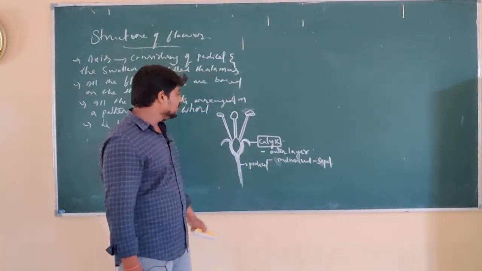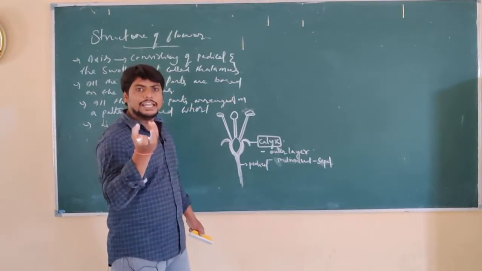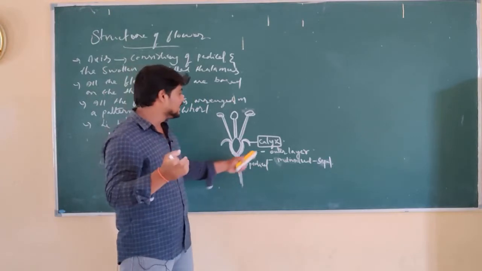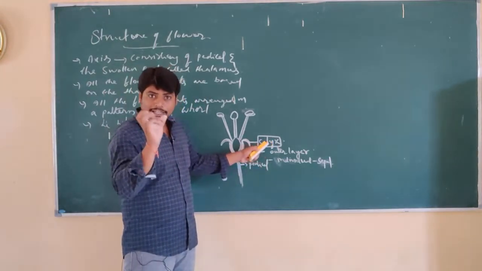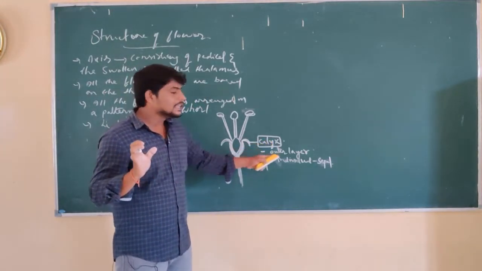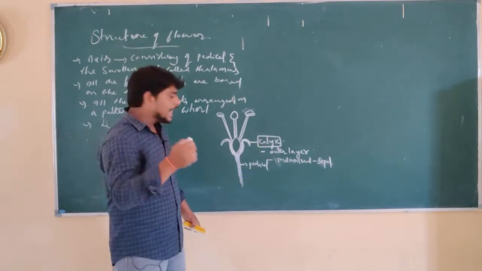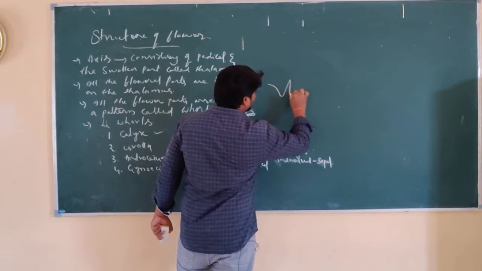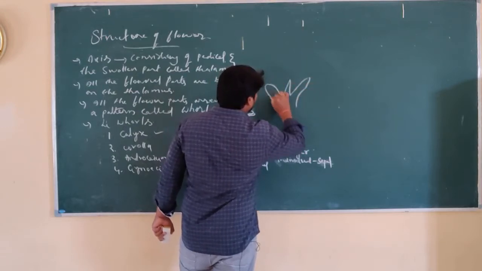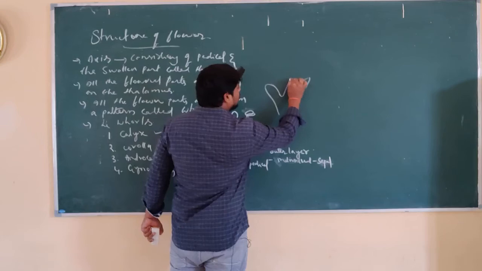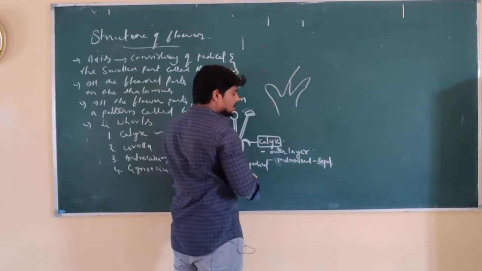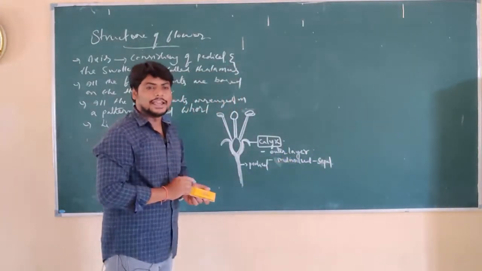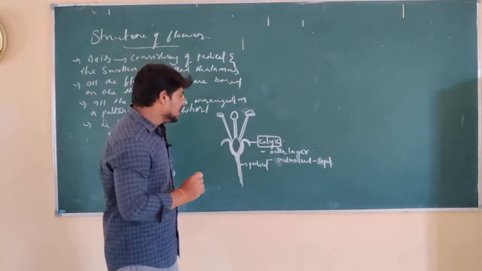If you observe a flower, the outer green part is called the calyx. It has a number of sepals, and each individual unit of the calyx is called a sepal.